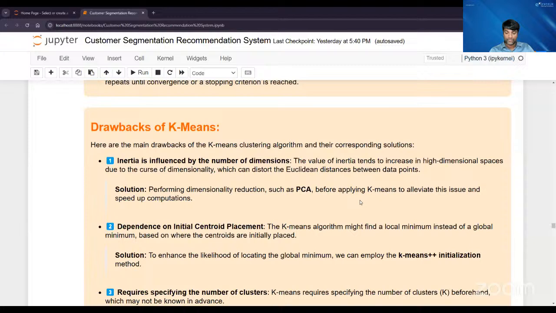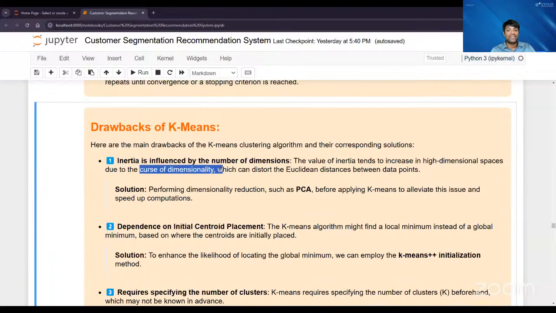The basic problem is with higher dimensions: the curse of dimensionality haunts k-means clustering. That is why I will never recommend k-means clustering without principal component analysis. So first do the PCA, then apply the k-means clustering.